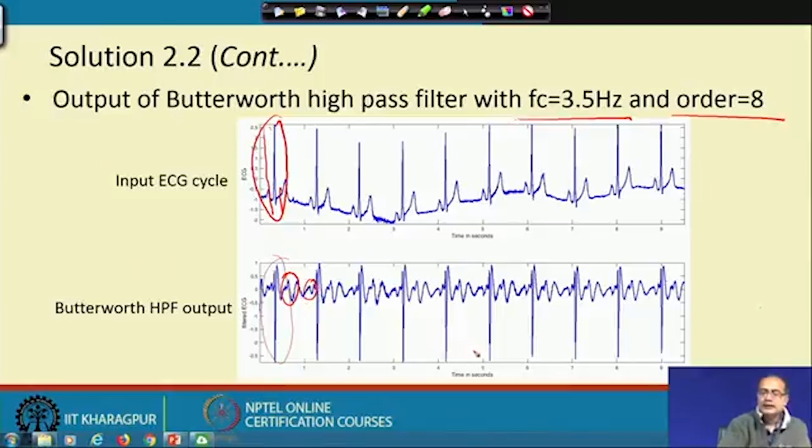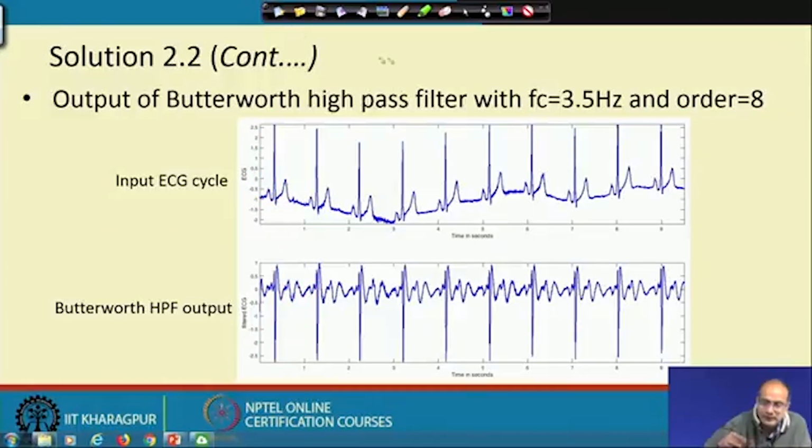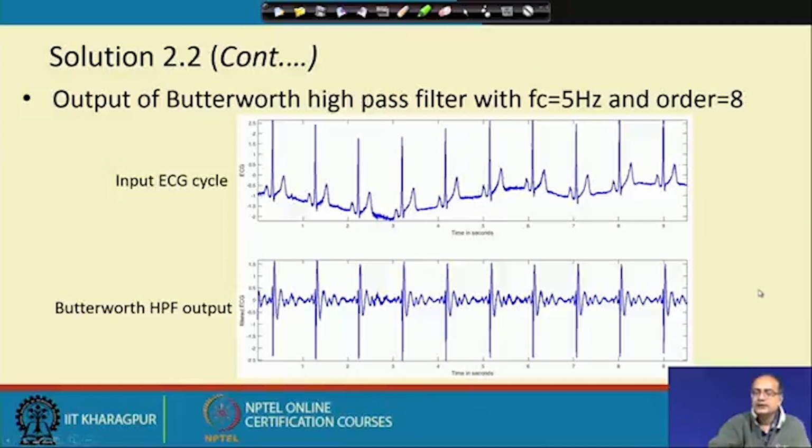So, we presume that it has happened because we are losing some part of the low frequency component of the input signal. Let us look at another case, with cutoff frequency 5 hertz and model order 8.